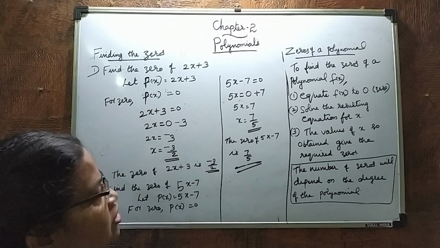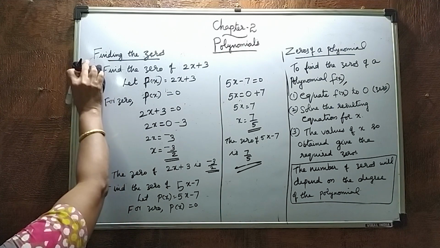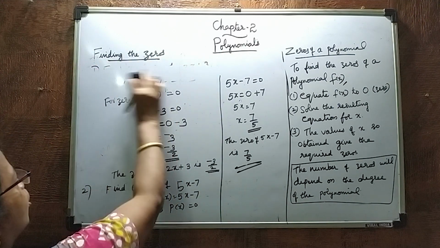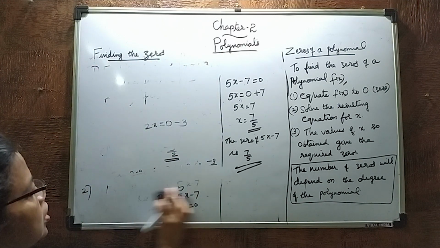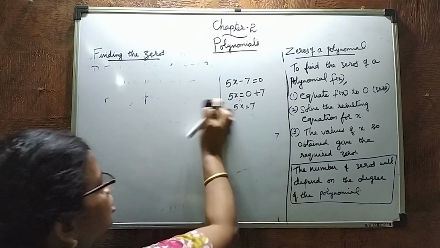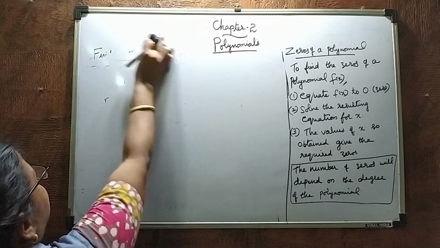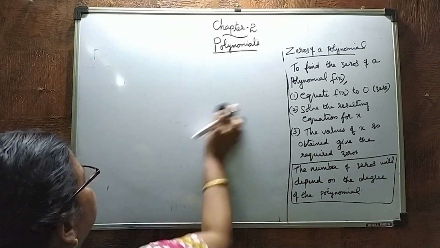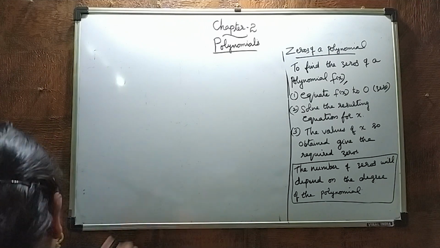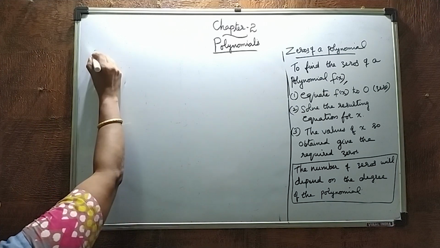Clear? Now next we will do the next section. You have to find the zeros of a quadratic polynomial. This one also you have studied in 9th standard, by splitting the middle term. So find the zeros.